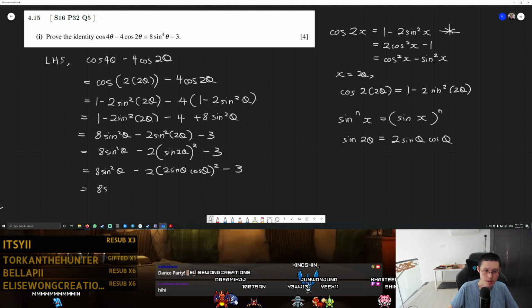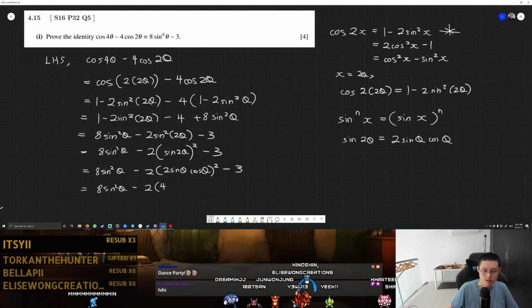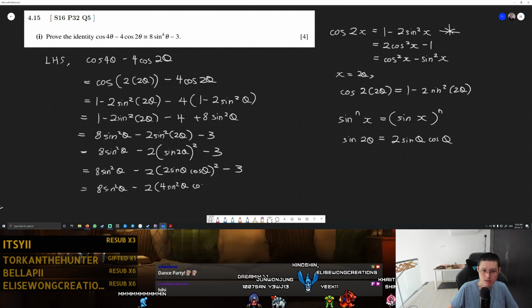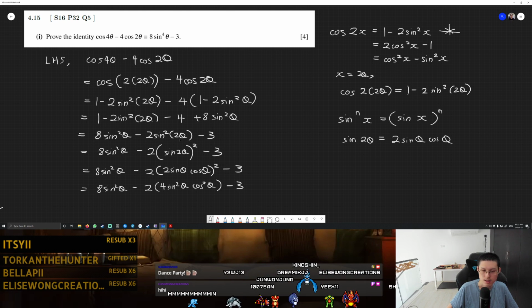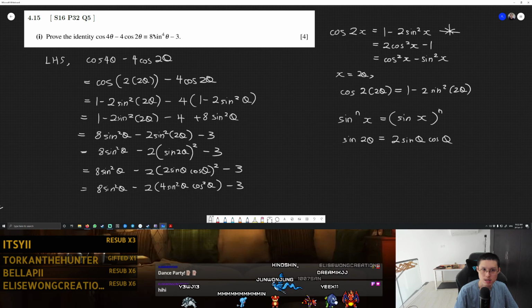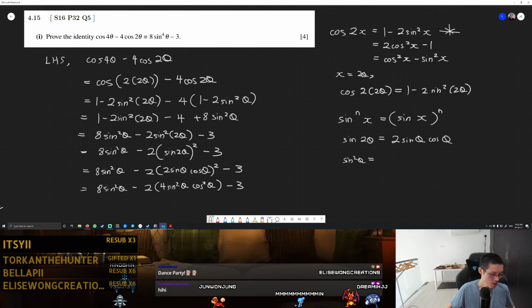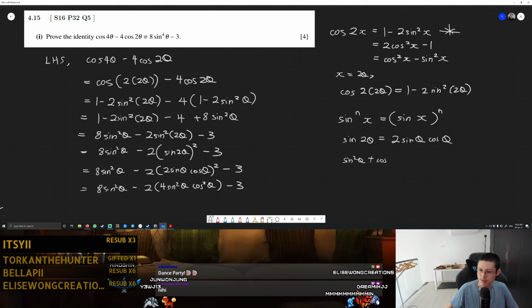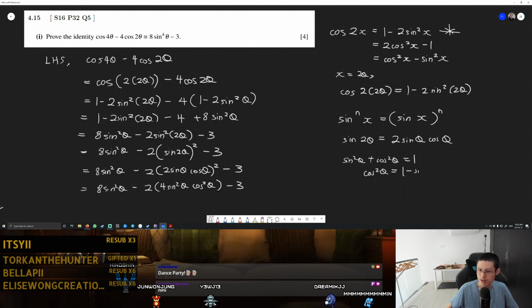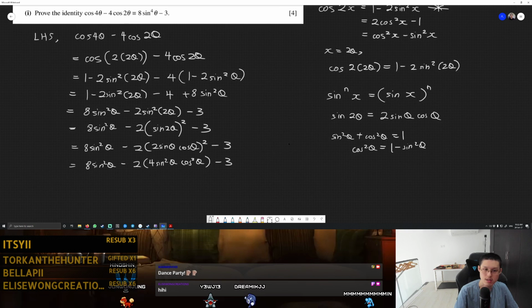And you're going to expand this, which gives you 4 sine squared theta cos squared theta. But we want to make everything in terms of sine theta, so we have to get rid of this cos squared theta. The way we do that is by using the basic identity, the one you've done in AS. Something like that, right? So cos squared theta is 1 minus sine squared theta. And we're going to plop that into this here.